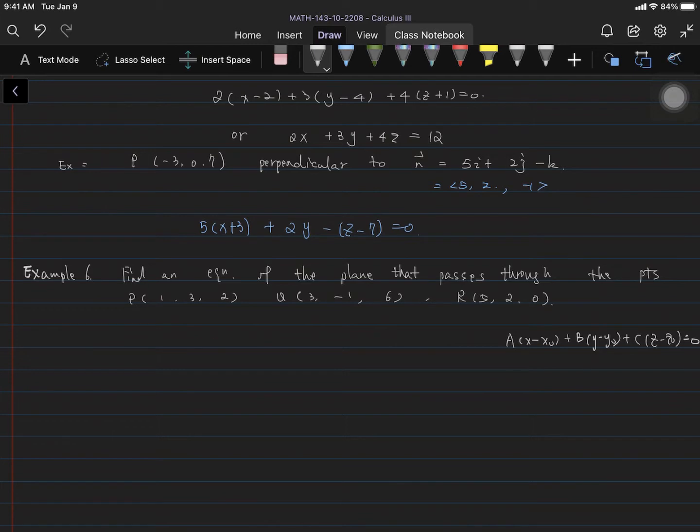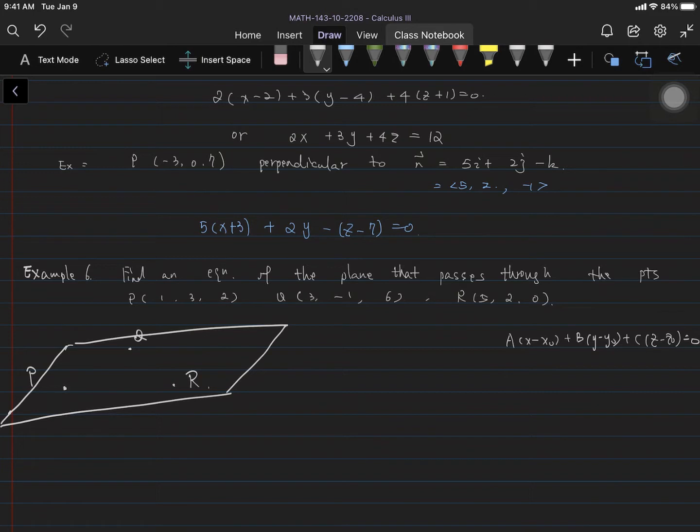Example 6. Find an equation of the plane that passes through the points P, Q, R. We can just roughly draw a graph of P, Q, R. We don't need to know where they are. We want to find the plane determined by those 3 points, and for the plane we need a normal vector. So how do we find a normal vector?